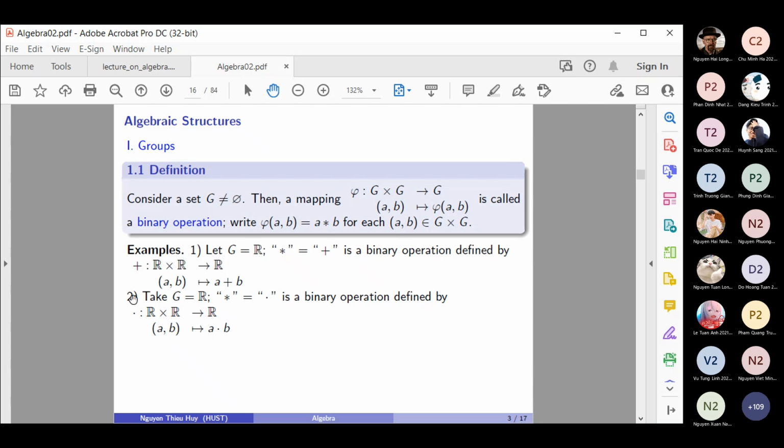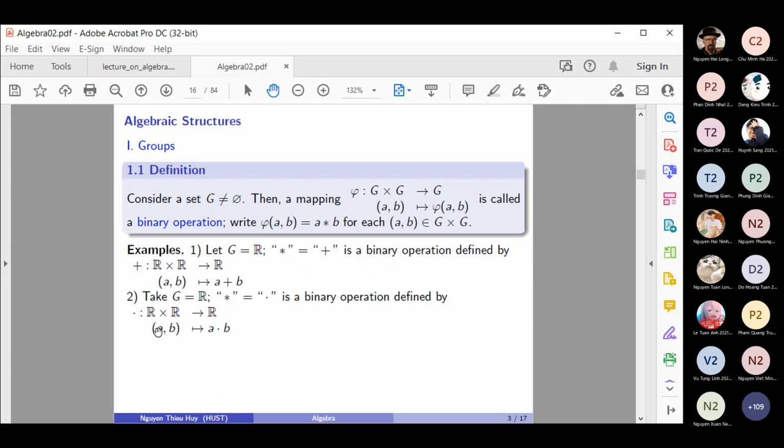Similarly, for example, I can take G equal R, and star simply is multiplication. And here, this is actually a mapping going from R times R to R. Every couple (A, B) maps to A multiplied by B. Now, for example, (1, 2) maps to 2.